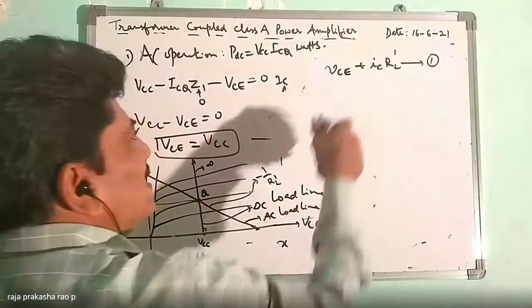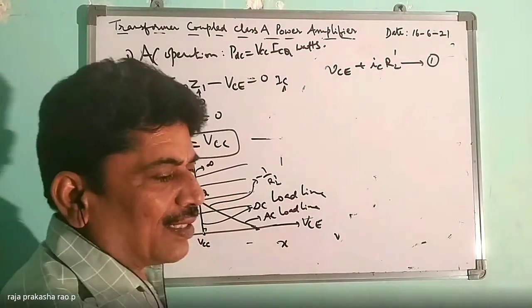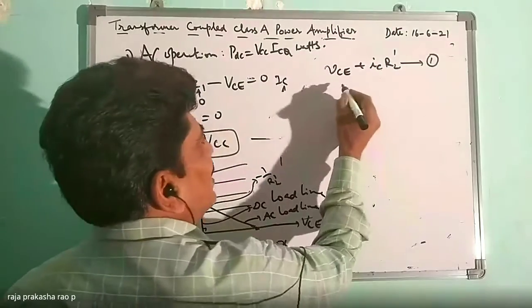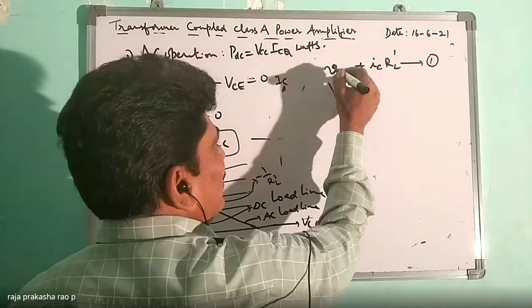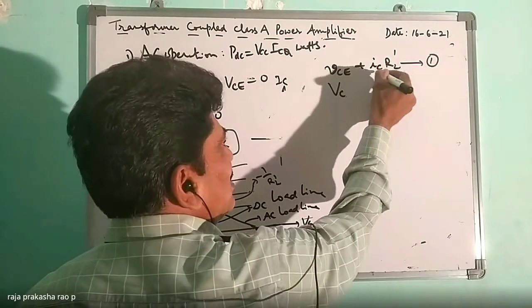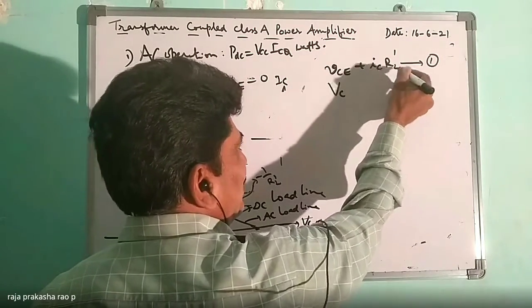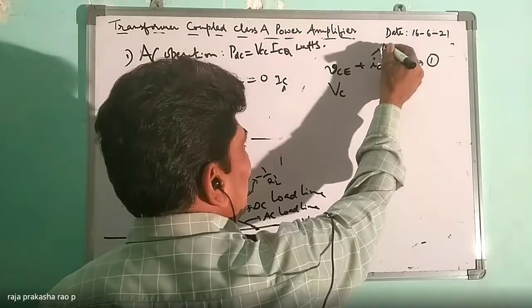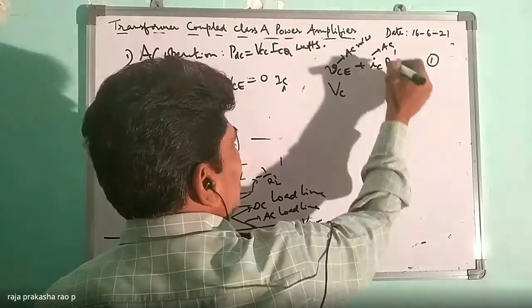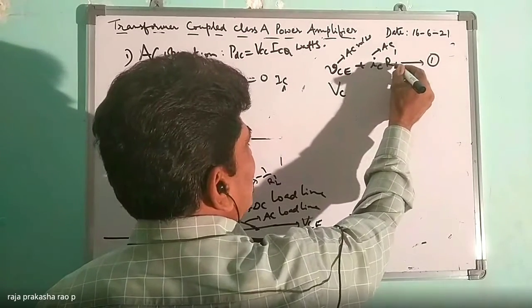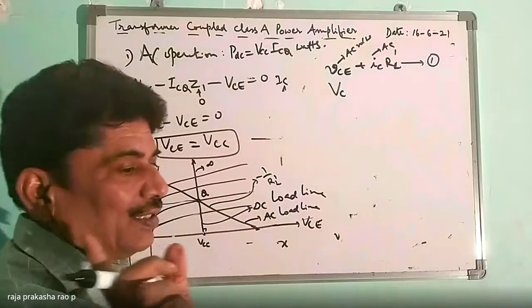The first equation is for vce, which we got from the circuit diagram, and the second equation is for VCE. This is the small letter, the instantaneous value, AC only. This is AC current. This is AC voltage. Okay, this is the load resistance, the primary coil, you remember.